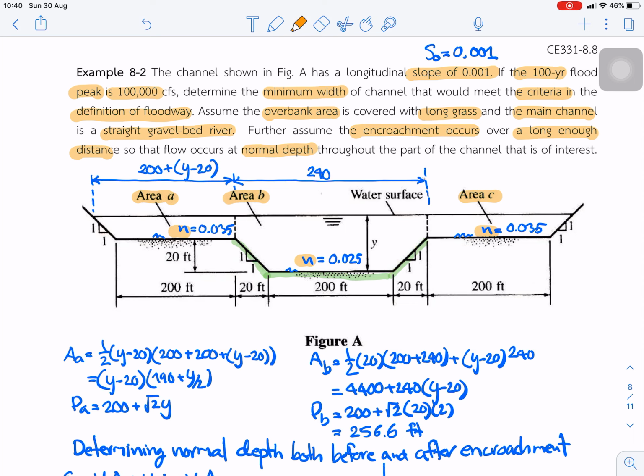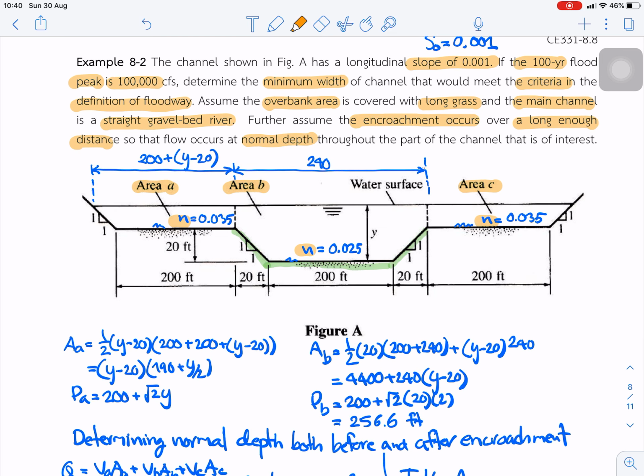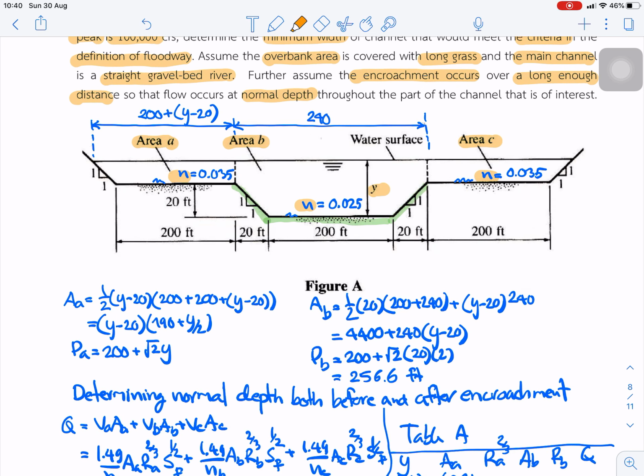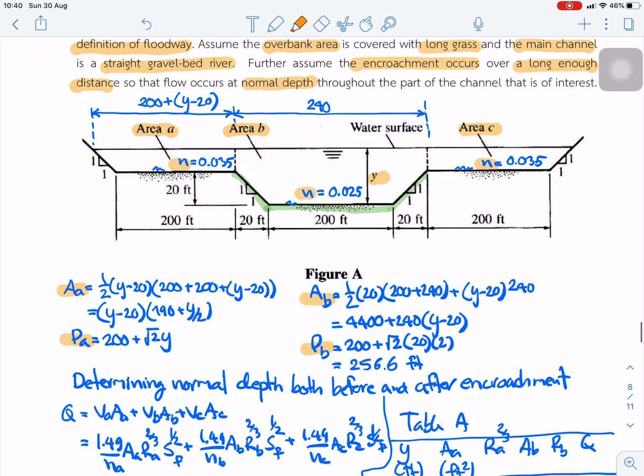Given these dimensions, we can estimate the area of the flow as a function of y. We don't know the depth yet. This is the function for area A with its parameters, and for area B with its parameters. You can do area C by yourself.